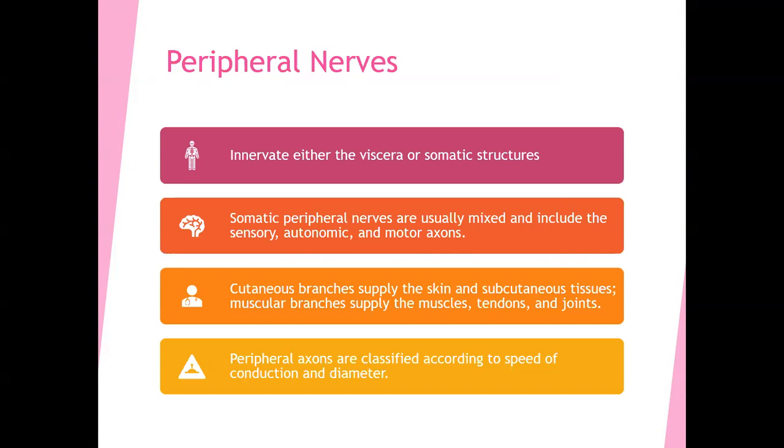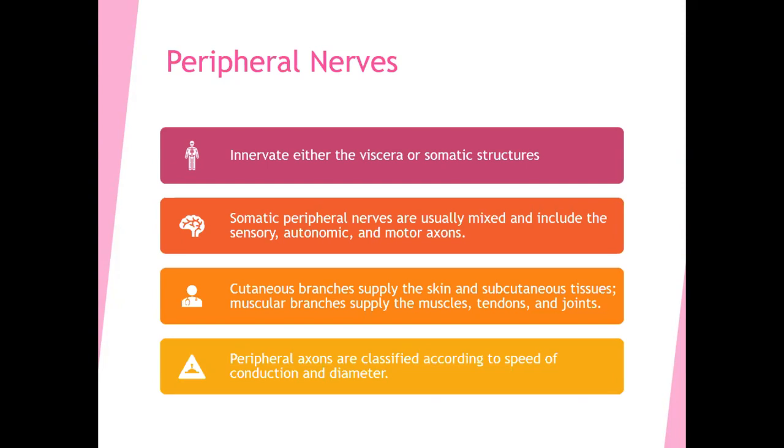So somatic peripheral nerves are usually mixed, consisting of sensory, autonomic, and motor axons. They innervate either the viscera or somatic structures. Cutaneous branches of the nerves supply the skin and the subcutaneous tissues, and muscular branches supply the muscles, tendons, and joints. When we talk about peripheral nerves, I'm giving the median nerve as an example.